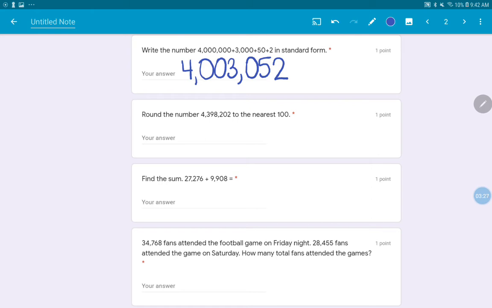What you're going to do is look at the 100 place, which is 200, and then you round the number like you put 4,398.